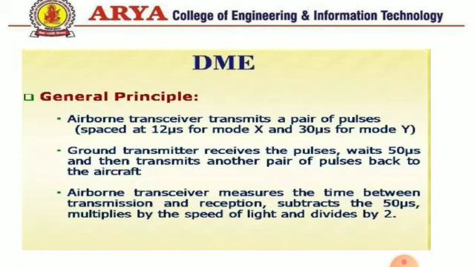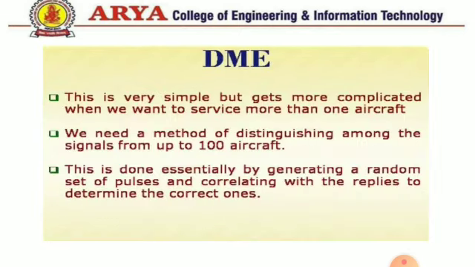The airborne transceiver measures the time between transmission and reception, subtracts the 50 microsecond delay at the ground station, multiplies by the speed of light and divides by 2 to get the range information.